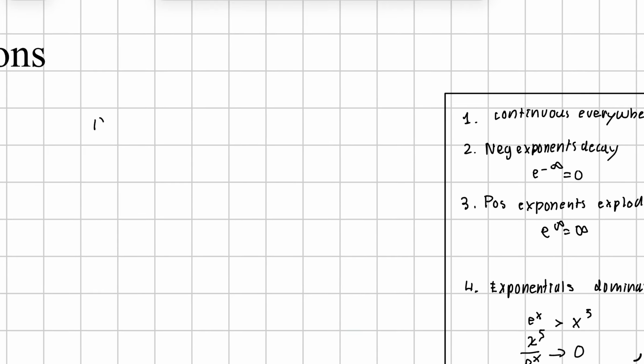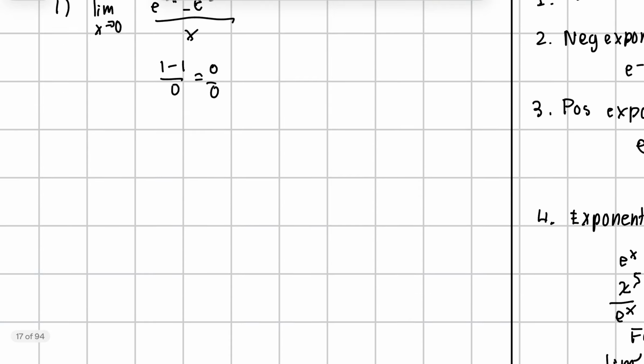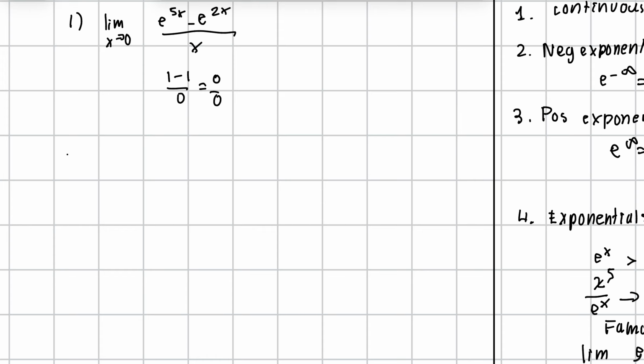So first, if we have the limit as x approaches 0 of e to the power of 5x minus e to the power of 2x, all divided by x, we can substitute in 0, and we have 1 minus 1 over 0, which is 0 over 0. Now, this is an indeterminate form. So what we can do is rewrite this.